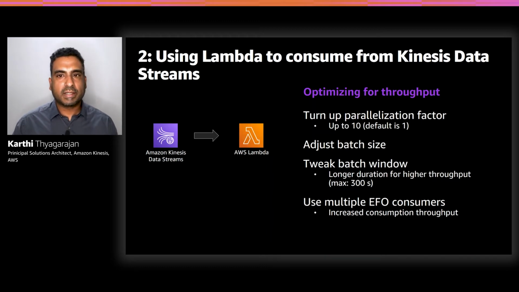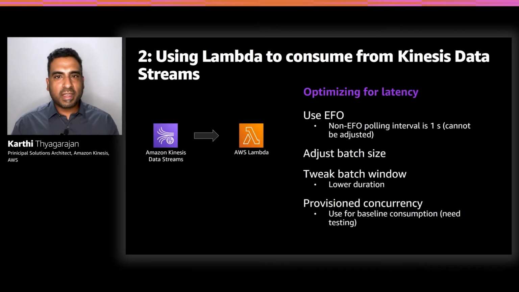Okay, on the latency side, the number one thing I recommend you do if you have a latency-sensitive application when using Lambda is that you register your consumer as an enhanced fanout consumer. The native Kinesis Lambda integration does polling on your behalf from the source stream and delivers messages to you.